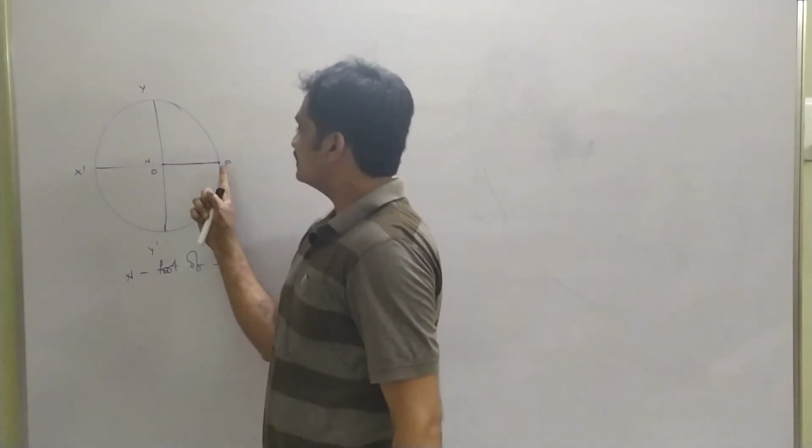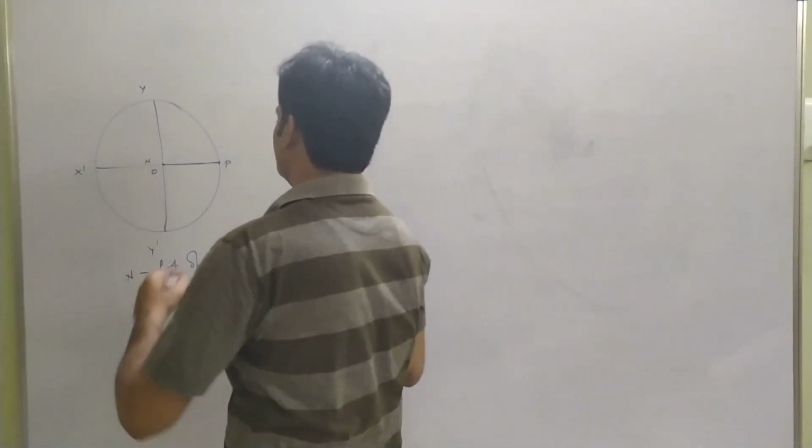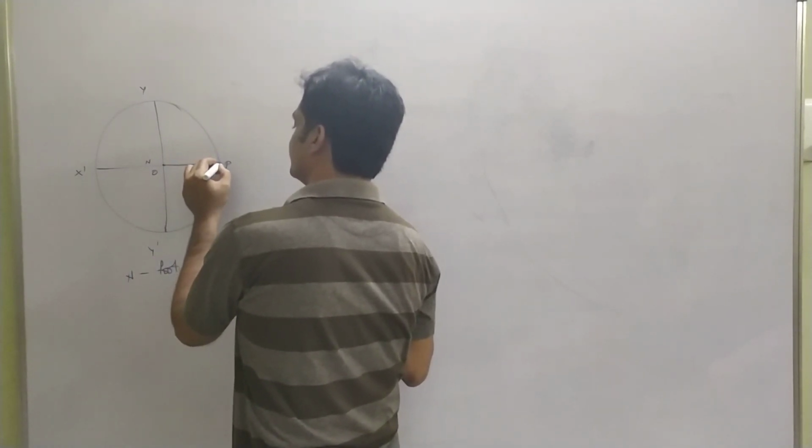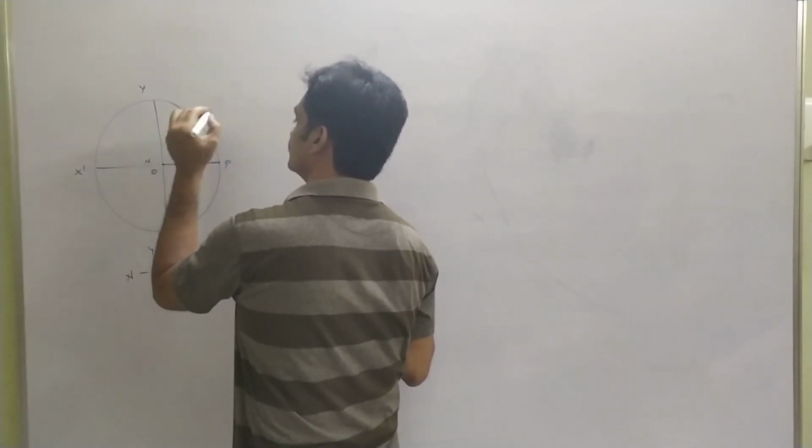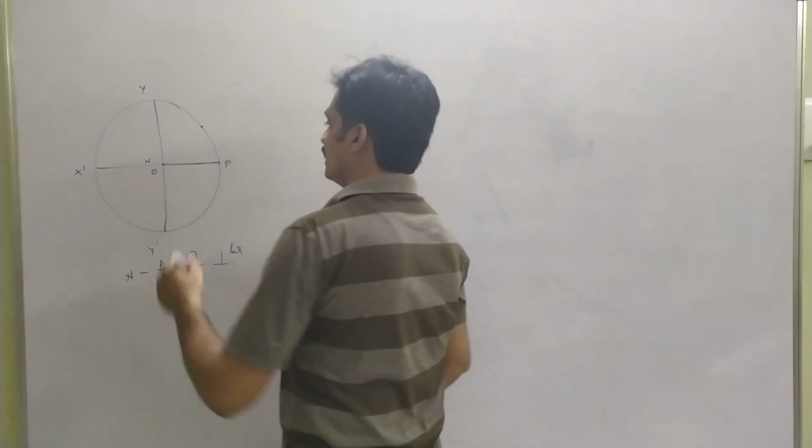When the particle is moving in uniform circular motion, let us consider that the particle has started at this position and it has reached this position.